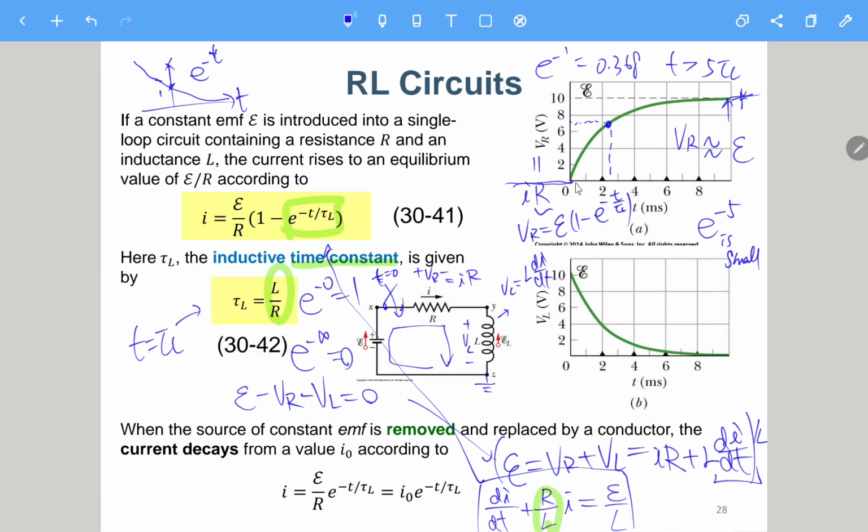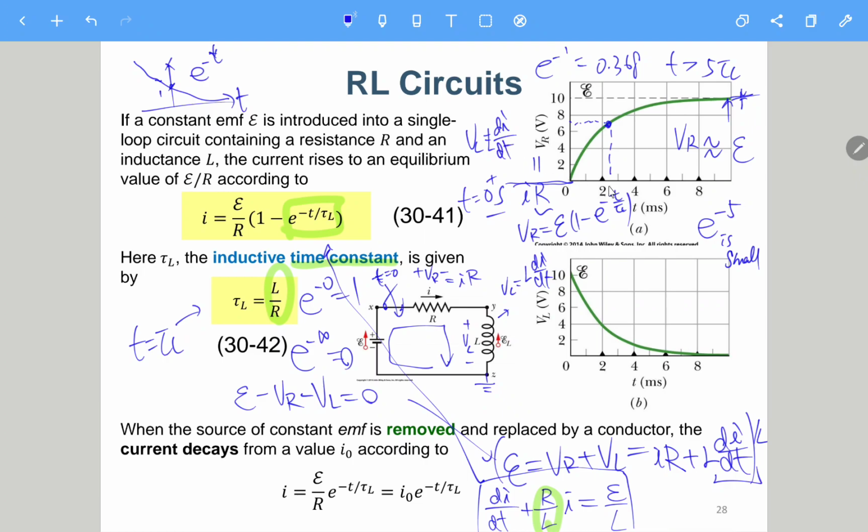So at this moment, I is continuous, but VL is not continuous, because you can see VL is the derivative, L di dt. At this point, this is not differentiable. So VL is not continuous. When t is smaller than 0, VL should be 0. But when t is 0 plus second, it suddenly jumps to a positive value.